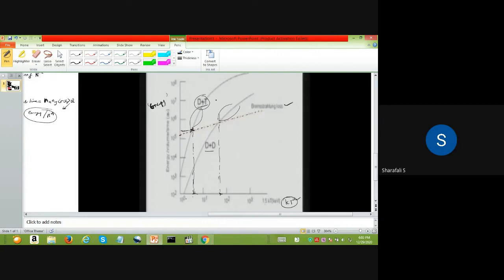So the nuclear fusion reaction should produce energy which will overcome this Bremsstrahlung loss. Then only can we have some gain through that nuclear fusion reaction.